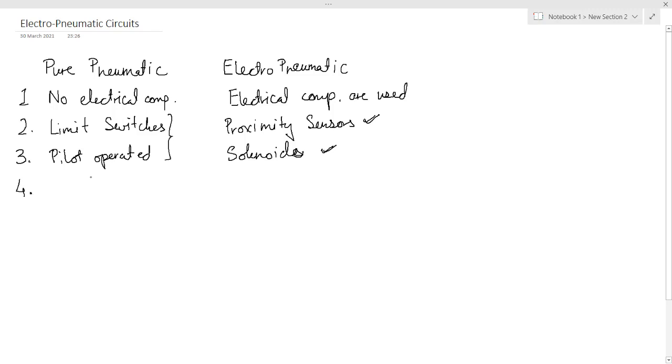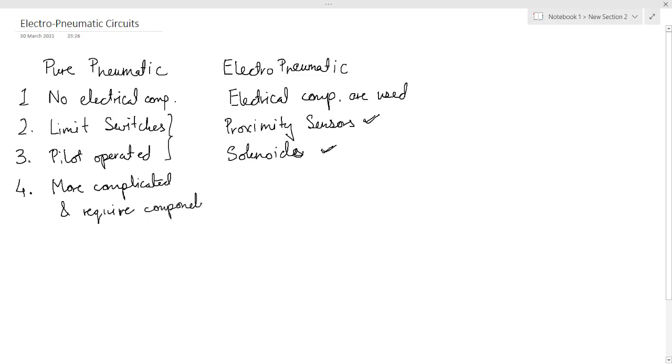Now, what is the advantage of electro-pneumatic circuits over pure pneumatic circuits? See, pure pneumatic circuits are more complicated. They are extremely complicated and require a larger number of components to create.